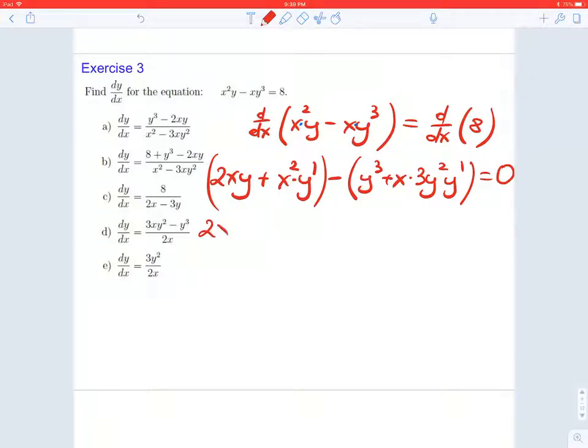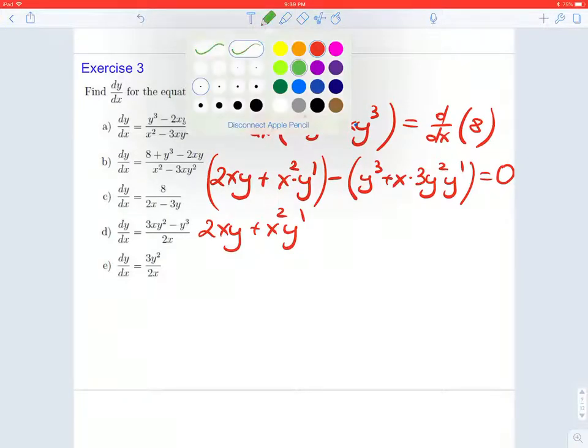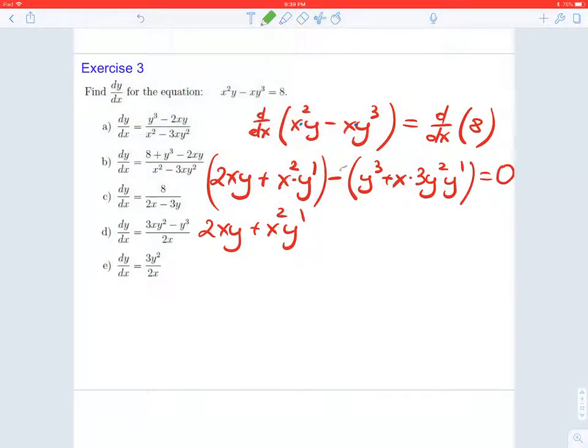Let's rewrite 2xy plus x squared y prime, and you probably noticed that's what I did in the two previous examples. We have to distribute a negative sign. Negative y cubed, negative, and let's make a nice order, negative 3x y squared y prime.